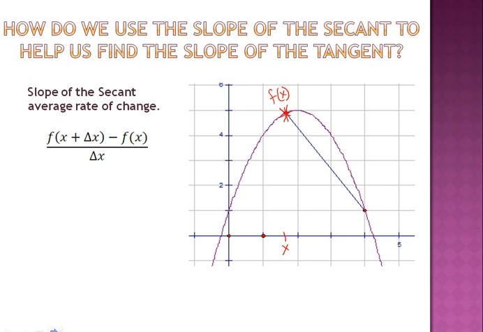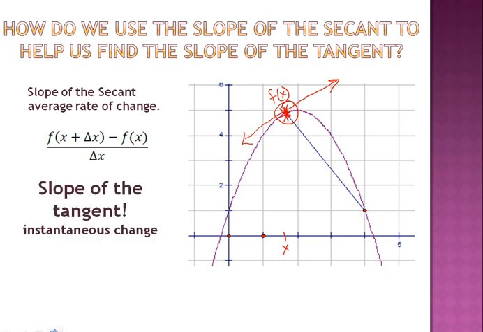And so we need to take our basic slope and look at it in the form of the slope of the tangent, because if I have a tangent line, then I know that my tangent line at that point shares that point, and the behavior of the line, the slope, is going to be exactly the same behavior at exactly that point. Not at any other point on my graph, but at exactly that point. And so I want to use the slope of the tangent because it will give me instantaneous change.